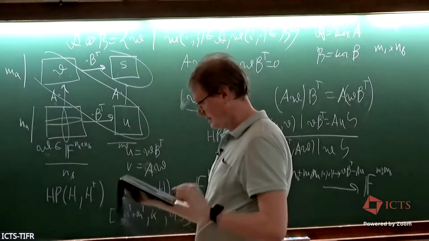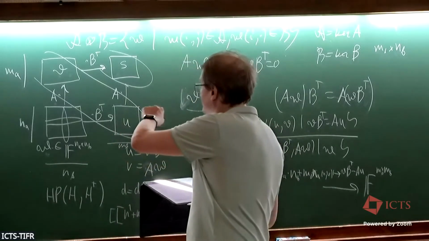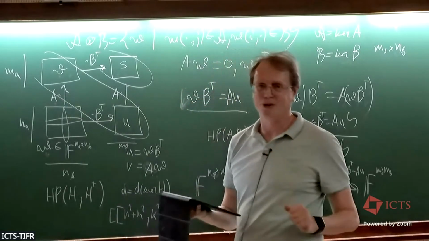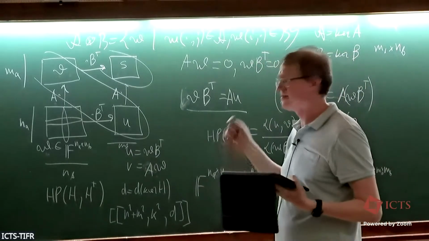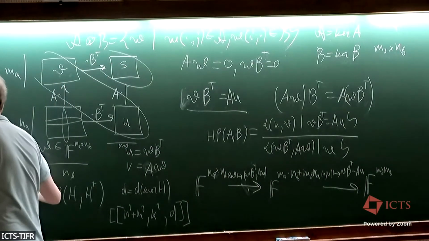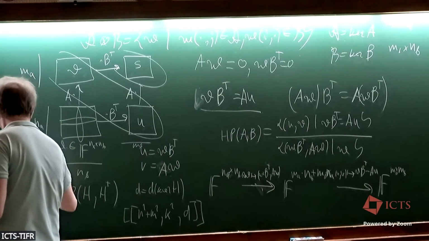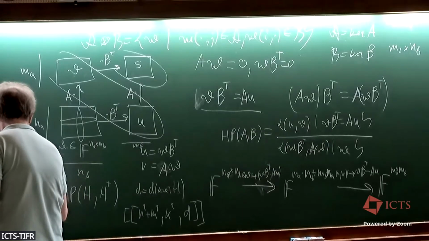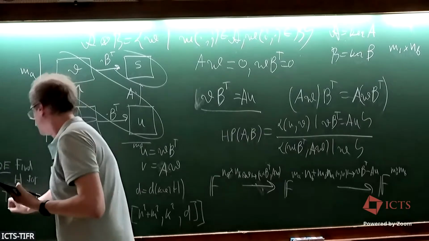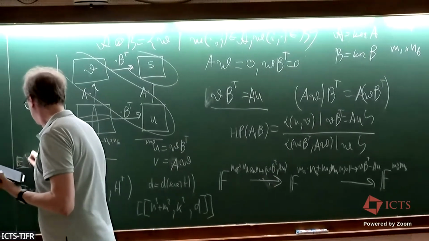Okay. And an exercise to you: show that the toric code is a special case of this construction. Just think about it. Find H for the toric code.